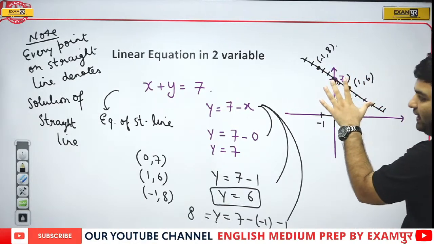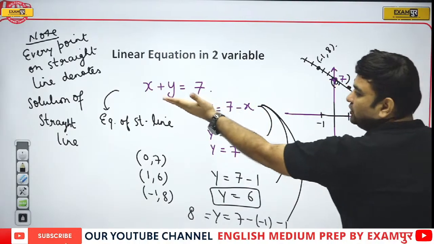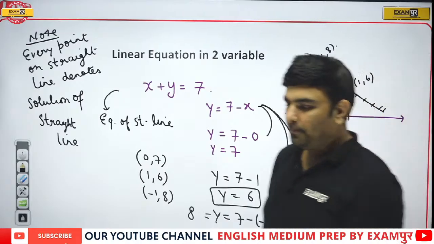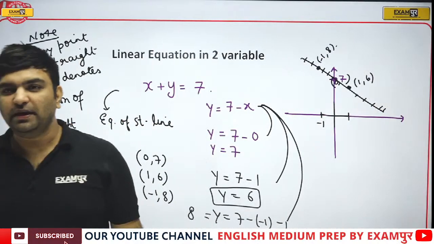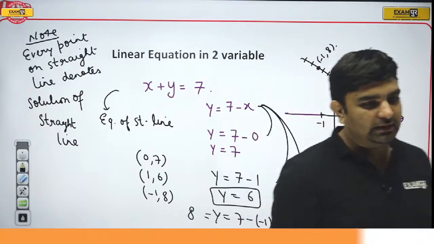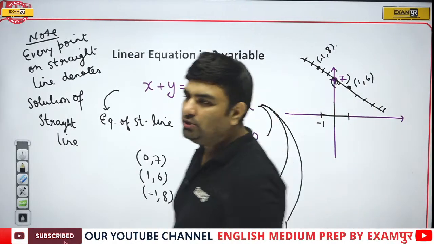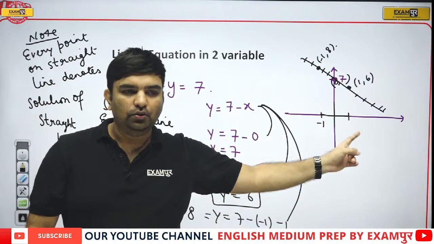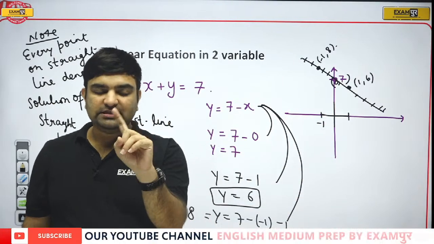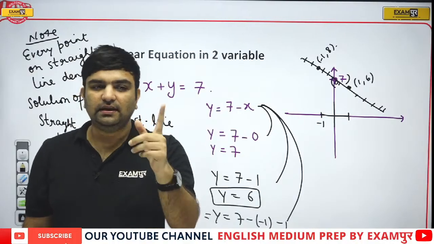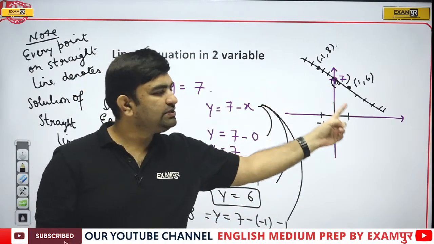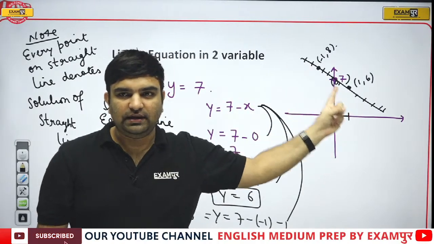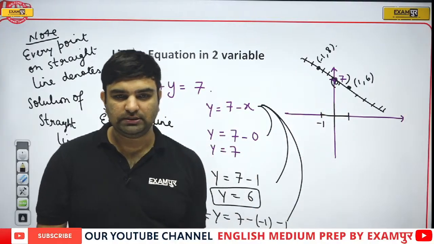If there are infinitely many points on this line, then there are infinitely many solutions of this equation, because points on the straight line denote the solutions. So a single straight line has infinitely many solutions.